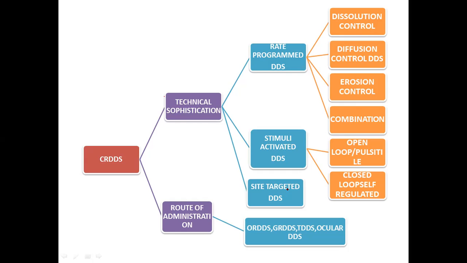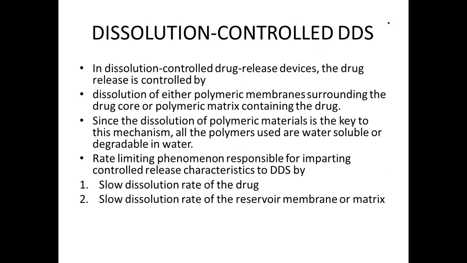Now, for our syllabus, we are mostly concentrating on these two systems: dissolution controlled and diffusion controlled drug delivery systems. So let's start with the dissolution controlled drug delivery systems.